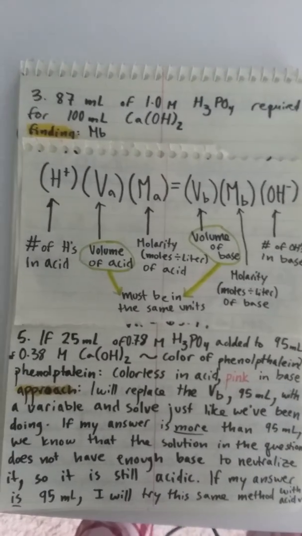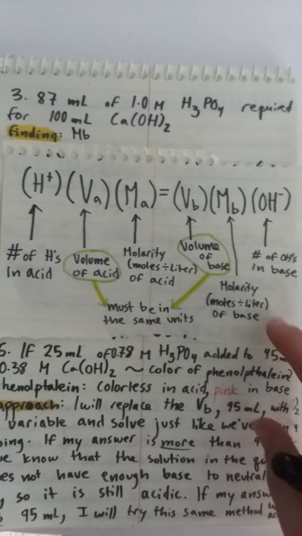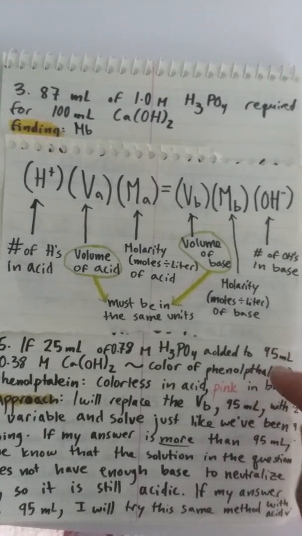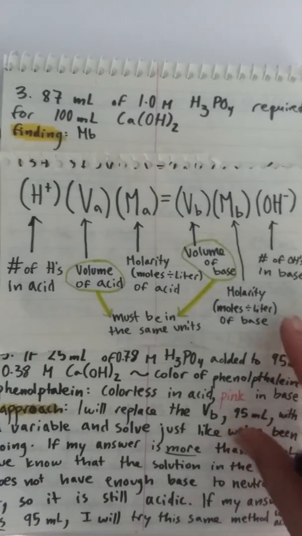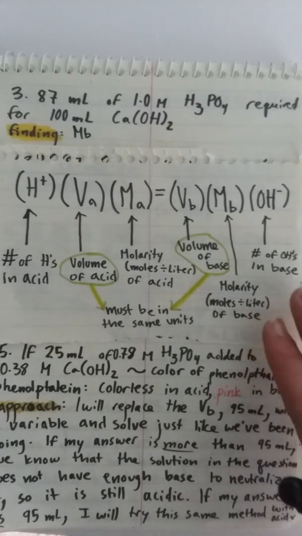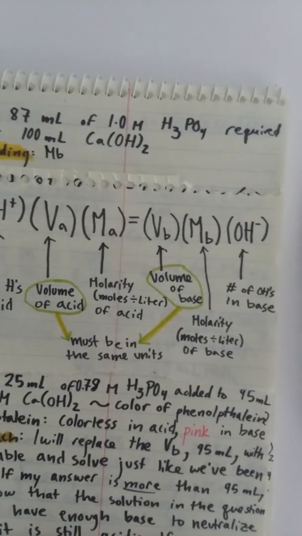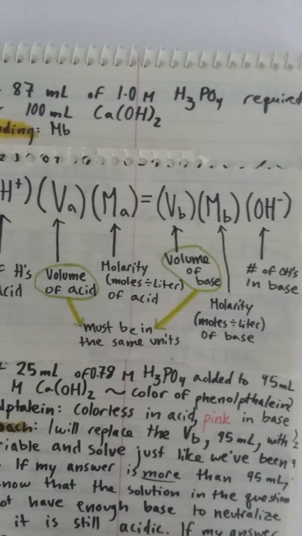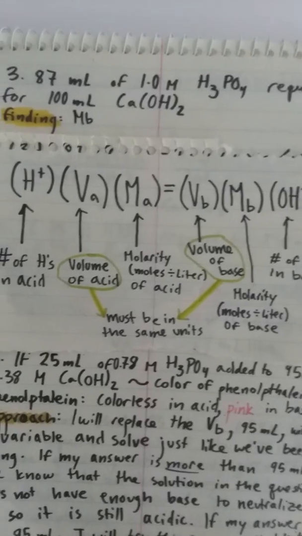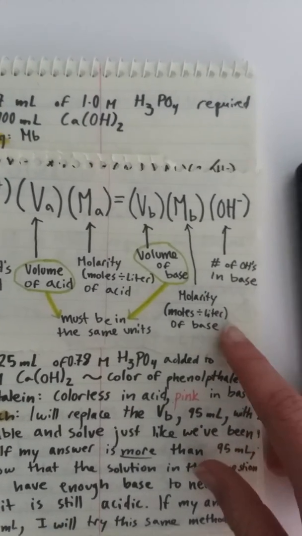I know that if the equivalence point requires more than 95 milliliters, that would mean the solution is still acidic, because we don't have enough base.